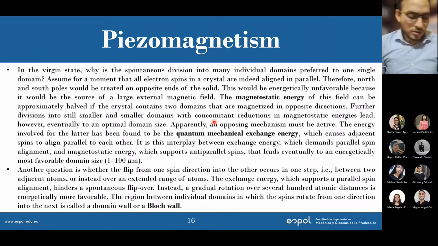Now you might be wondering a couple of questions, or at least there are a couple of questions to be answered with these explanations, right? For example, why is it that in the spontaneous division into many individual domains I prefer that to one single domain?